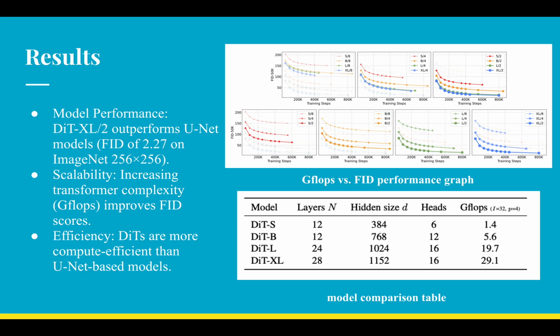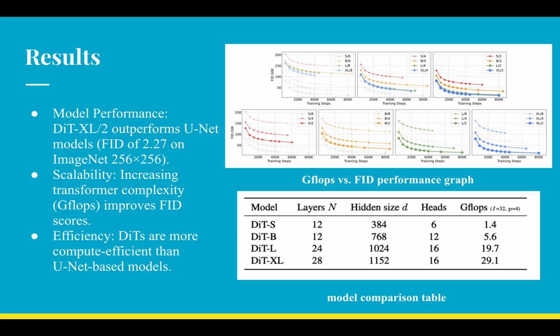And as you can see, larger models like DiT-XL/2 and DiT-L/2, which are shown in blue and green, perform much better over time compared to the smaller models such as DiT-S and DiT-B. All models improve as the training steps increase, but the larger models scale much more effectively. For instance, DiT-XL achieves significantly better FID scores as it's trained for more steps.